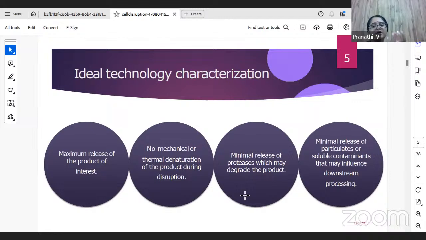And then you should have a minimal release of proteases. You know that anything is made up of protein maximum, so in case there are any proteases released, it will cause damage to the product. And whenever there are any other particles or contaminants, they should not influence or contaminate your downstream processing, that is your final result.